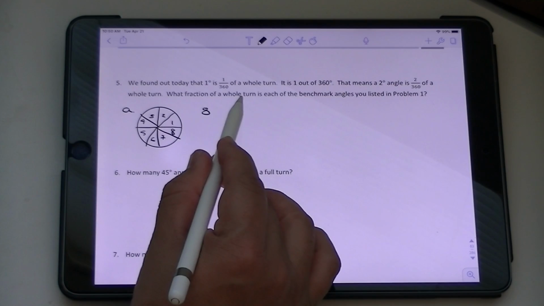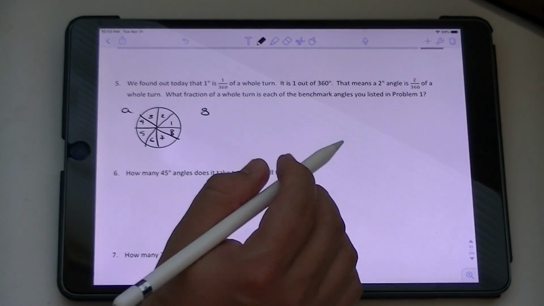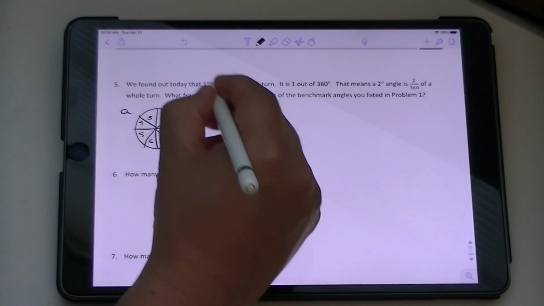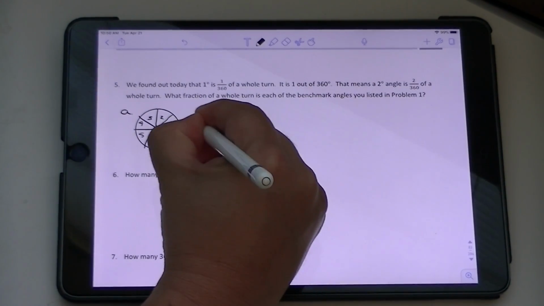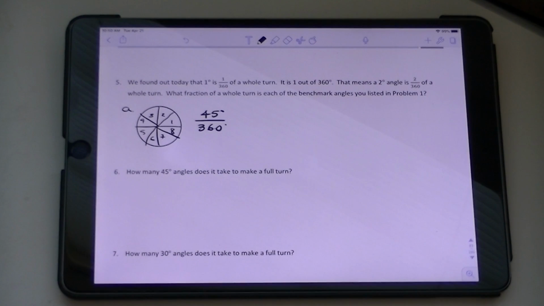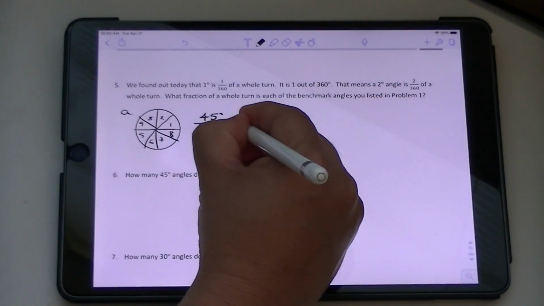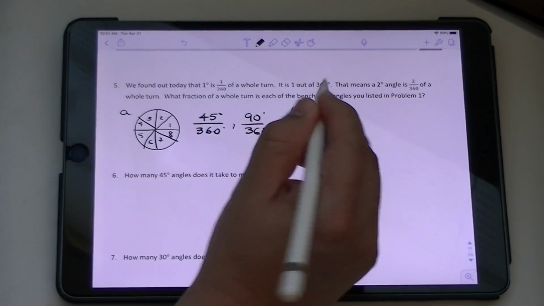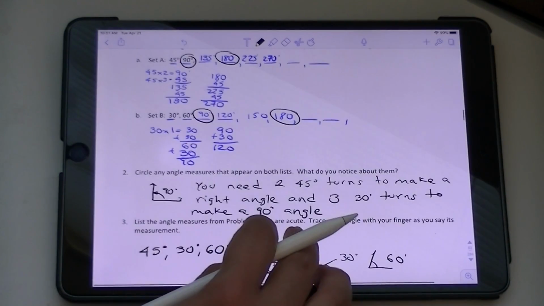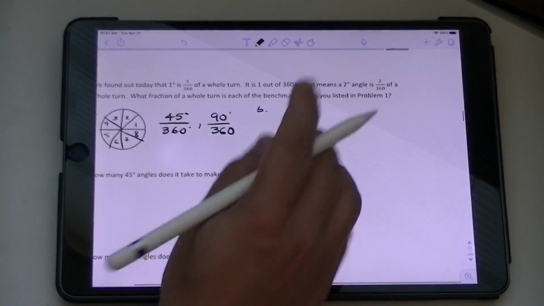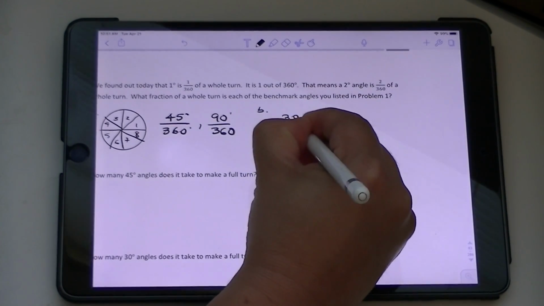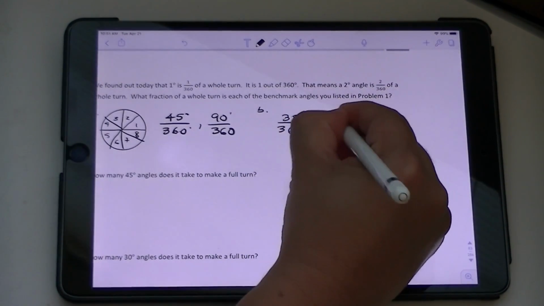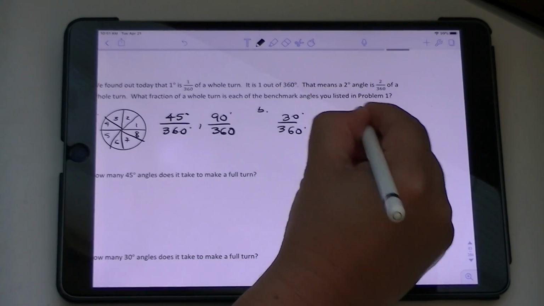What fraction of a whole turn is each of the benchmarks? Okay, so 45 will be 45 degrees out of 360. That will be the first one, and of course the second one will be 90 out of 360. And if you look at B, it will be 30 out of 360 and 60 out of 360, and then you continue like that.